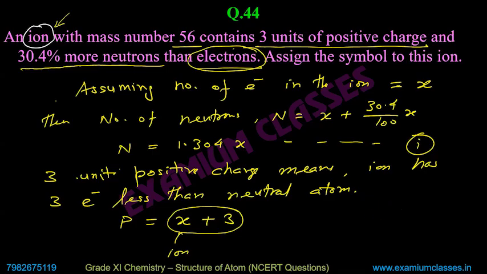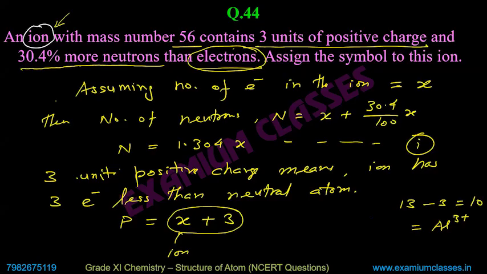Yes, for example, if there is 13 atomic number and it loses 3 electrons, it will become Al3 plus, with 10 electrons.